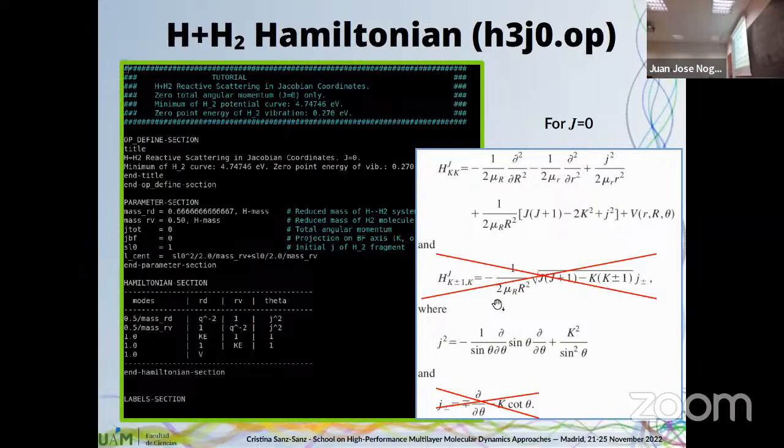This is where all the symbols that I have shown before, like j squared, k to the minus whatever, are actually defined. So in this file are all the things built into the program, like shortcuts, so you don't have to define the derivatives or the things yourself.